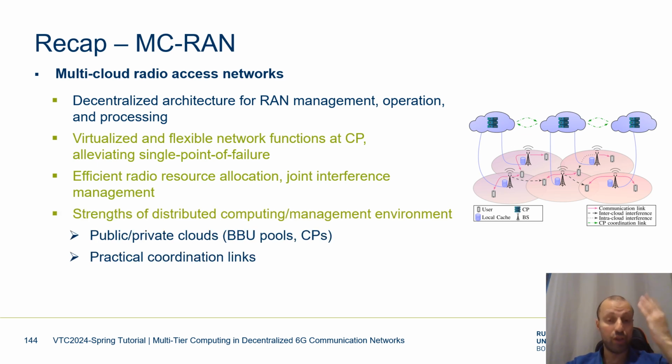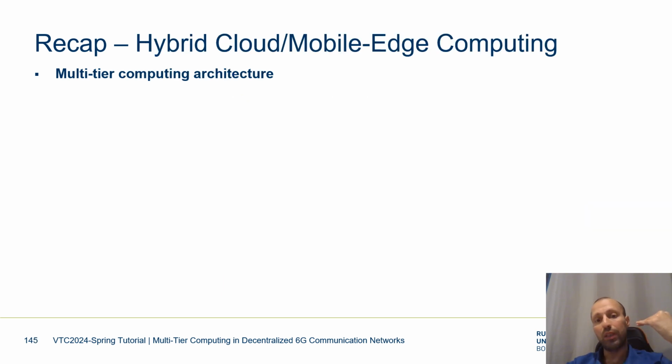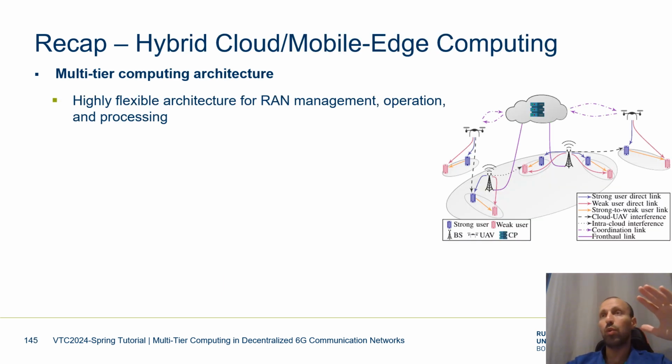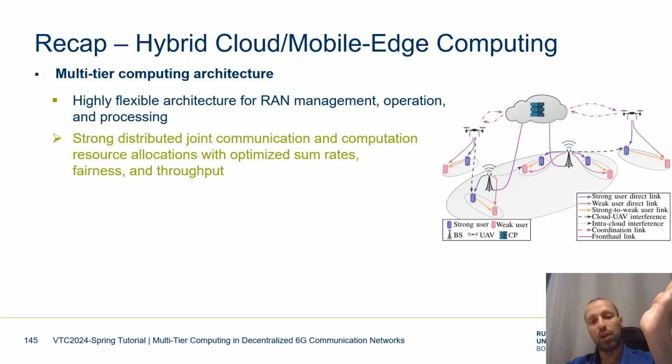But we need to look into situations where we may not have truly available clouds at the edges, and that's why we looked into mobile edge computers, which coexist with the important features of cloud, and into the highly flexible architecture of multi-tier computing systems. We looked into rate splitting in a hybrid cloud and mobile edge computer.